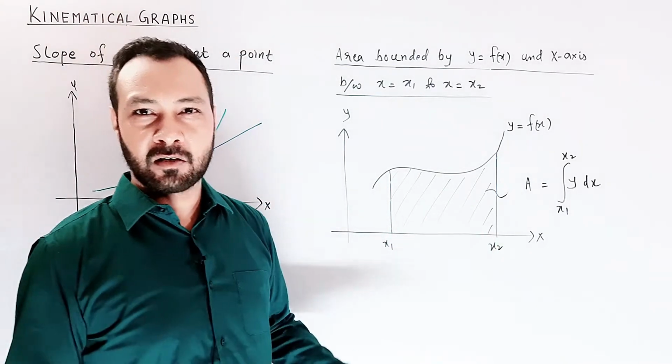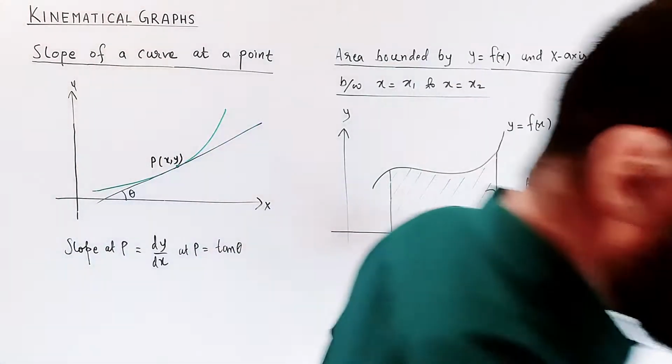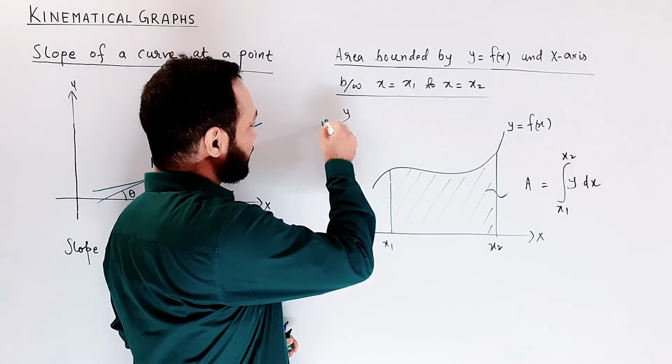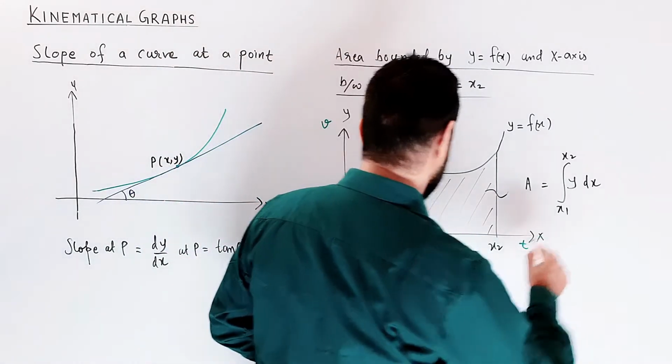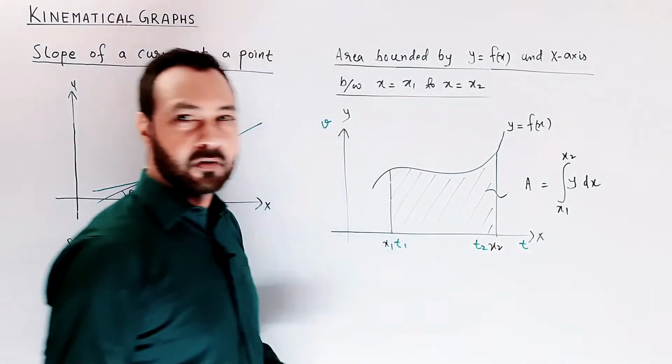In physics again the names will change. So for example, suppose this is v, and this is t, and this is T1, and this is T2, then what will the area become?